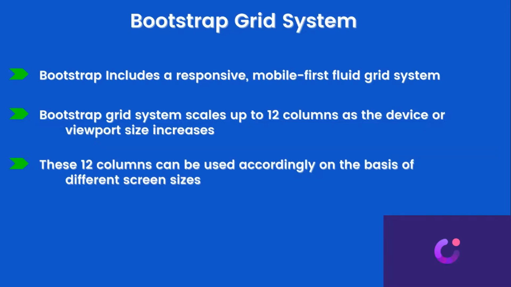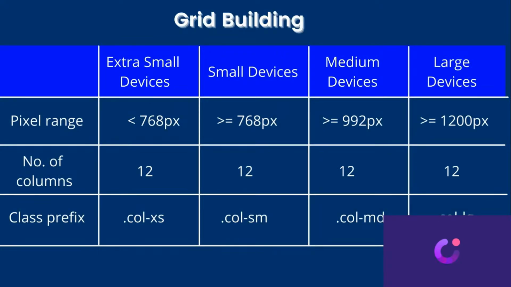These 12 columns can be used accordingly on the basis of different screen sizes. As I said, it all depends on how you want to consume your 12 columns. So let's see how these 12 columns can be managed, or how we can check which is a large screen and which is a small screen. Basically it depends on the number of pixels that you can check while working on any screen. I'll show you that in the practical implementation itself, since I'm working on a laptop of maybe a 14-inch screen.